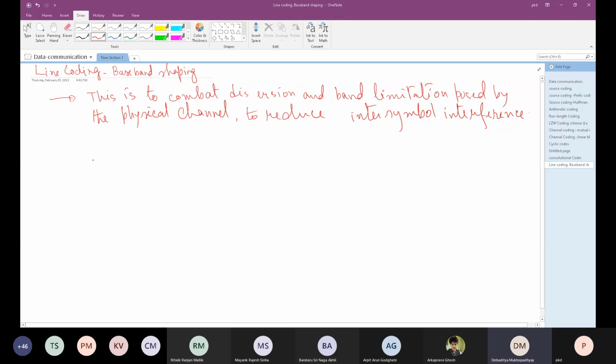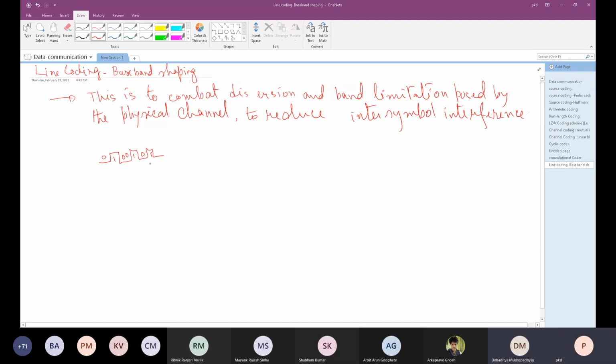When we say baseband shaping, what do we mean actually? Baseband means whatever frequency we are generating by the data itself, that is, the bits. Like this 101 we are transmitting, suppose a signal like 00101 like this.